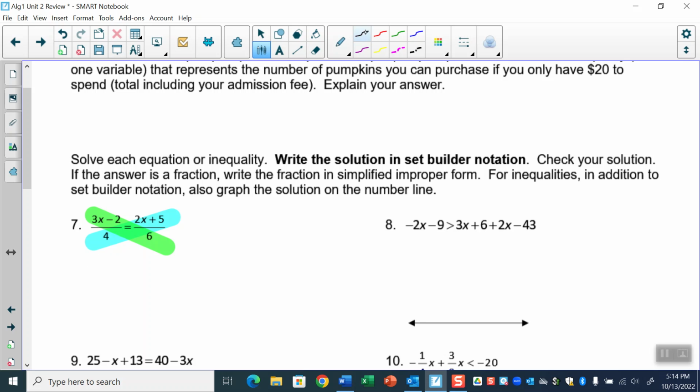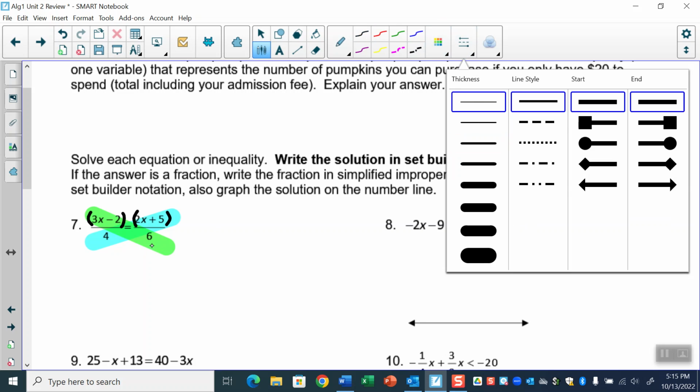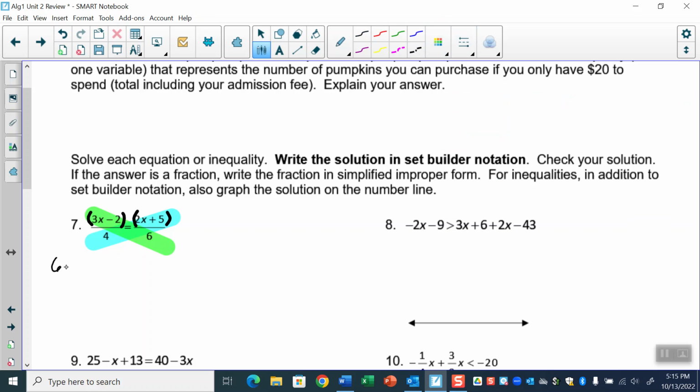The best way to start it out is with parentheses, to help you remember to keep those together and do the distributive property there. So I'm going to write 6 times the quantity of 3x minus 2 equals 4 times the quantity of 2x plus 5. Then I do my distributive property.